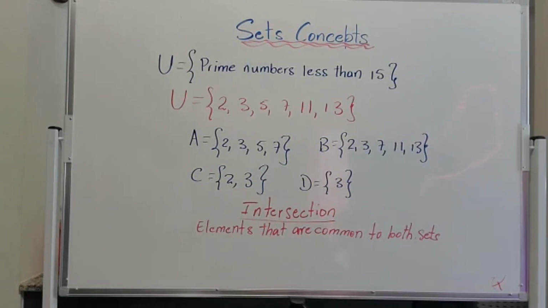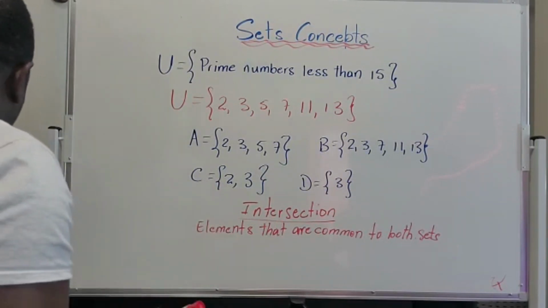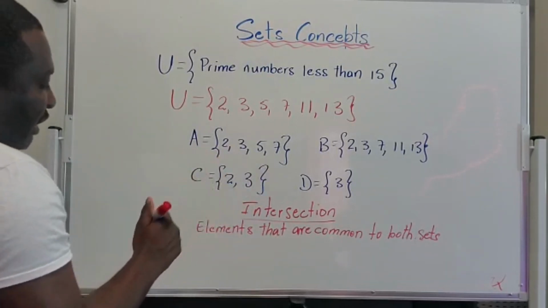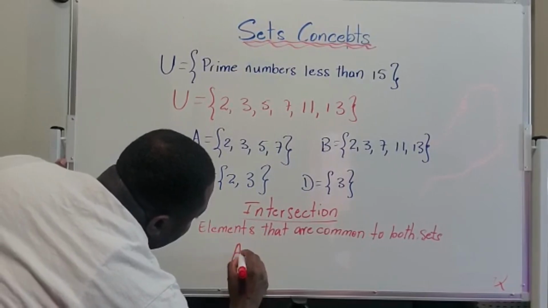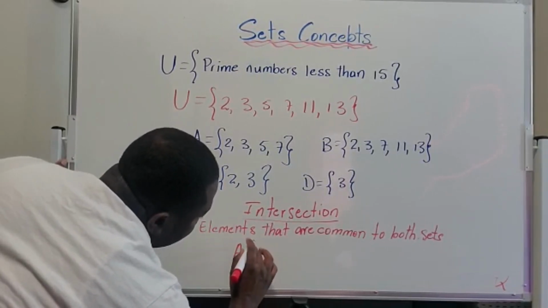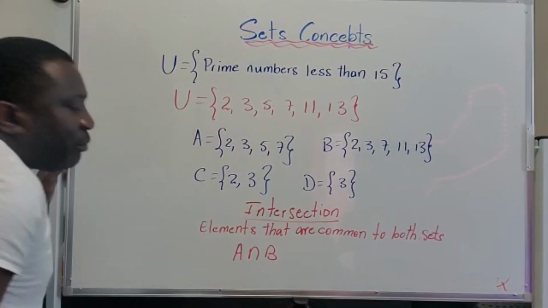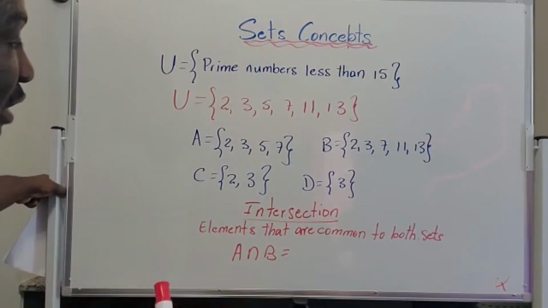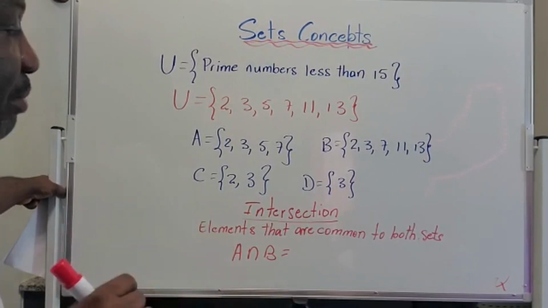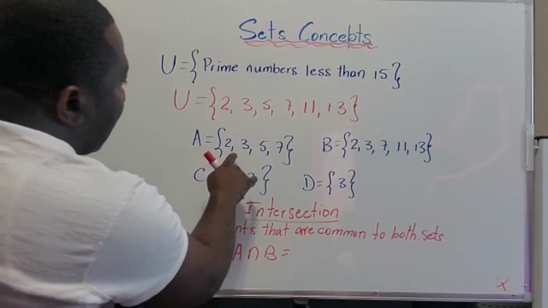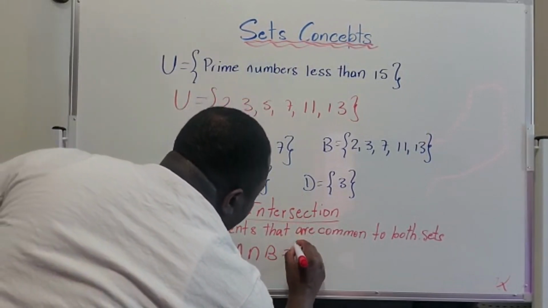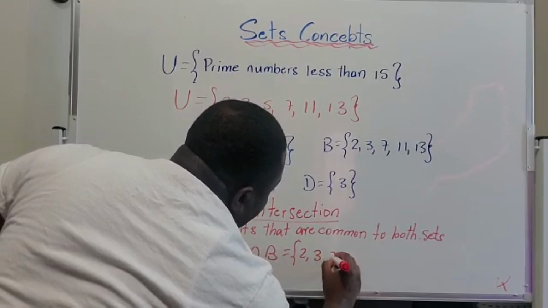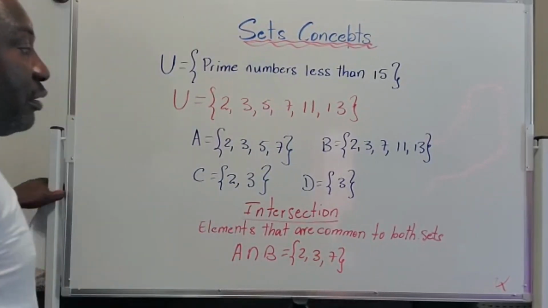And look guys, it is written, so if I look at set A and set B, A intersecting B, so I'm looking for what are the elements that are common to A as well as common to B. And in this case, we can clearly see the elements are 2, 3, and 7.